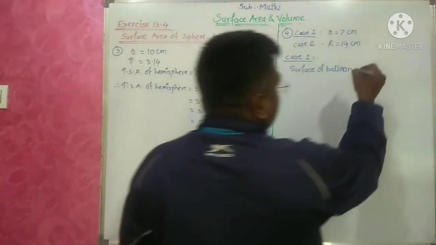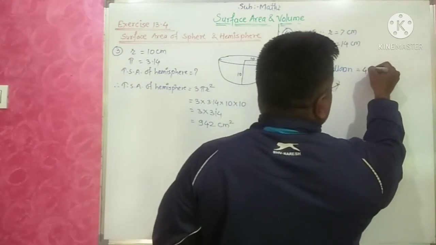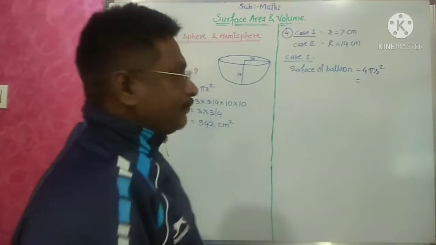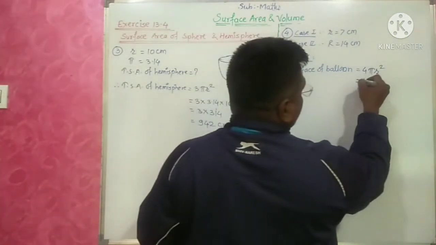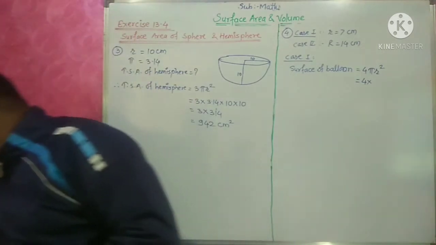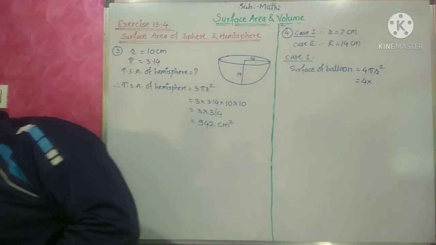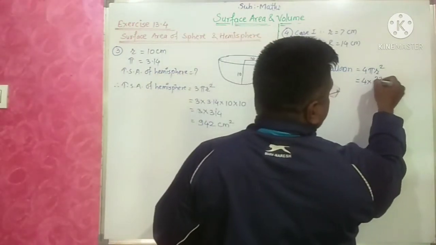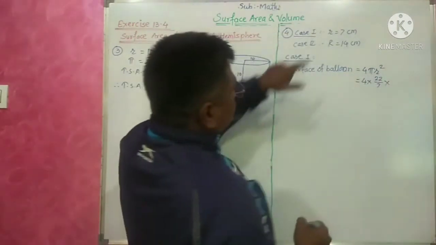And what is the formula for that? 4 pi r square. This is the formula. Now 4 into pi, is the pi value given in that question? Check it. No, the pi value is not given. So we have to use 22 by 7 r square.